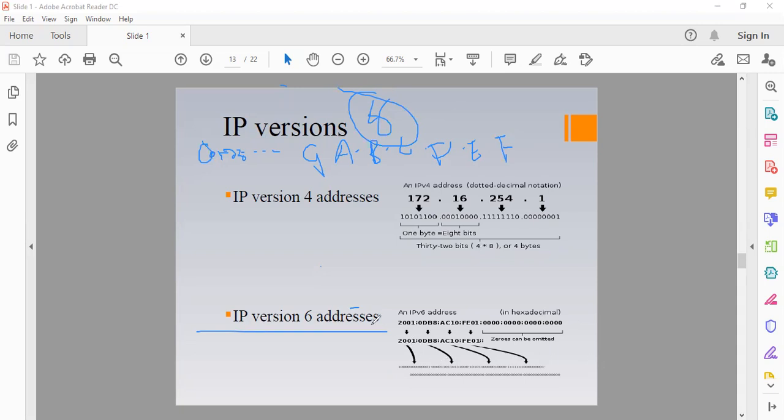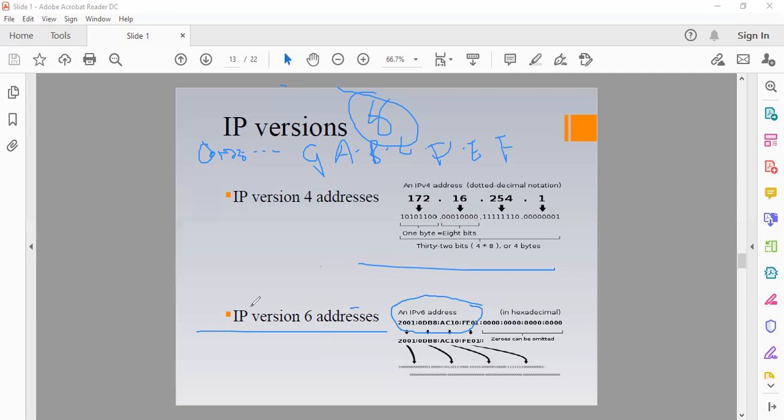There is a complete chapter on IP version 6 addressing, which may be our seventh chapter, where we will study IP version 6 with a great discussion. Today we will just cover IP version 4.